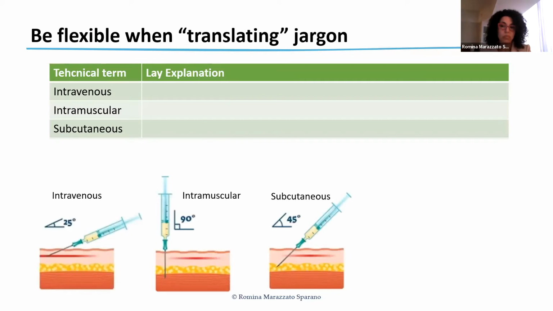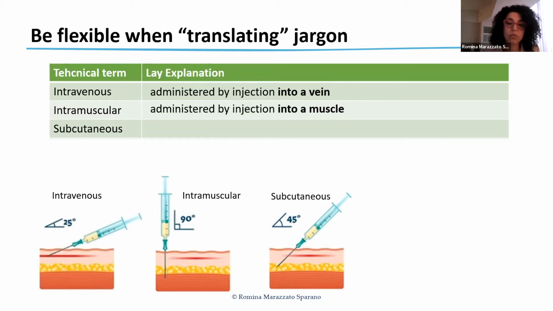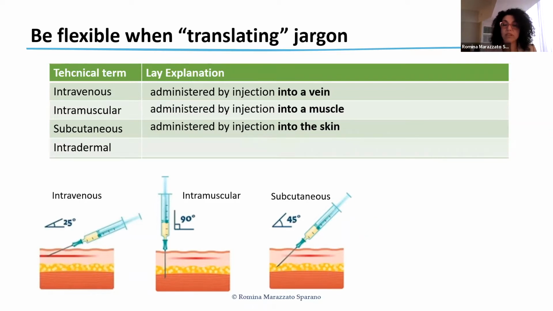So how do we go beyond these little snippets of advice? When translating jargon, we want to make sure that we're paying attention to the needs of our reader. In this case, we have 3 technical terms: intravenous, intramuscular, subcutaneous, and we can translate them like this. However, what happens if in the next communication we have intradermal?